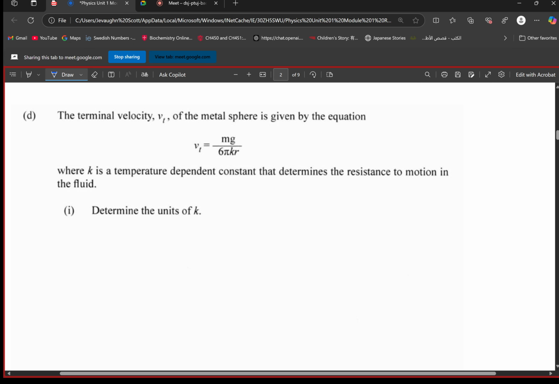So what are we doing here now? What would be the units of K?